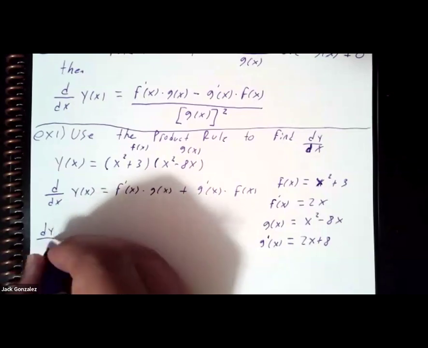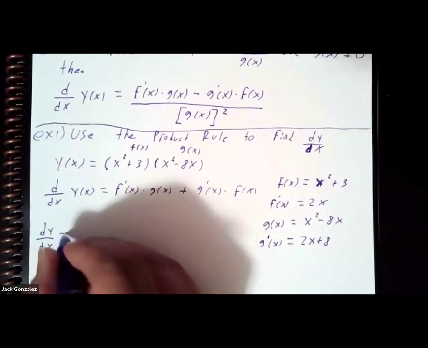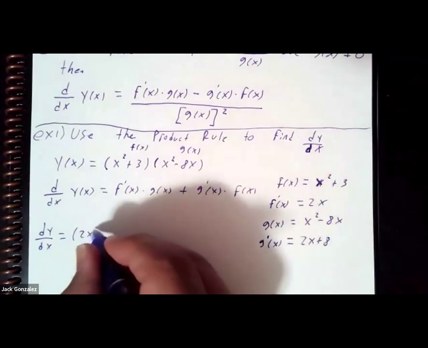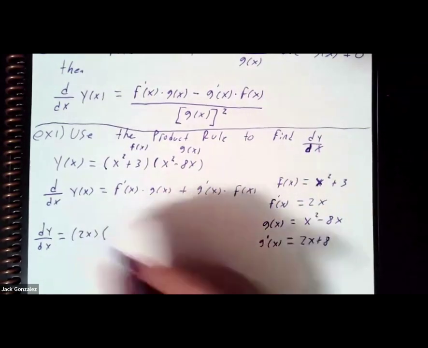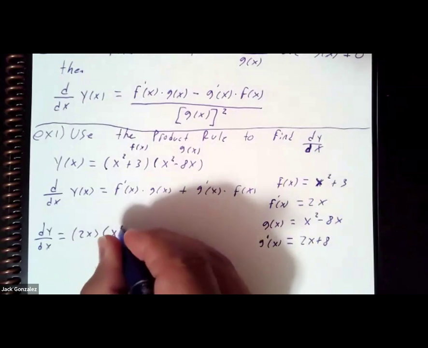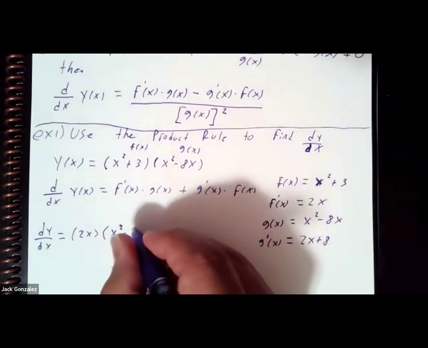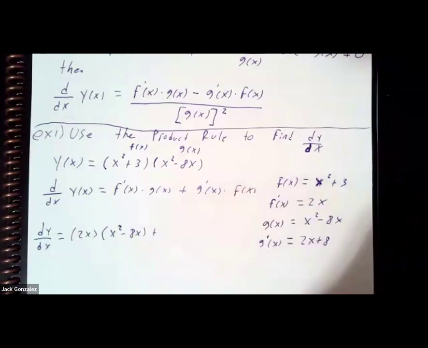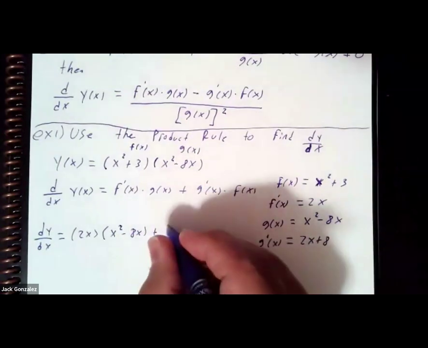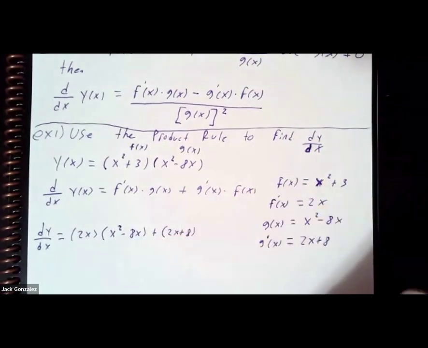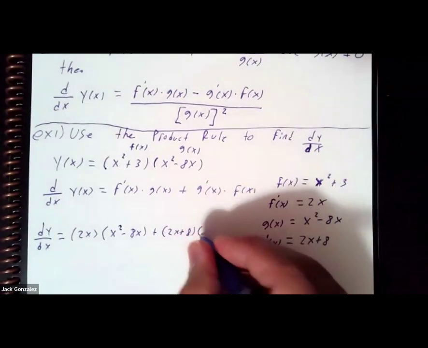So dy dx is equal to 2x times g plus g prime times f.